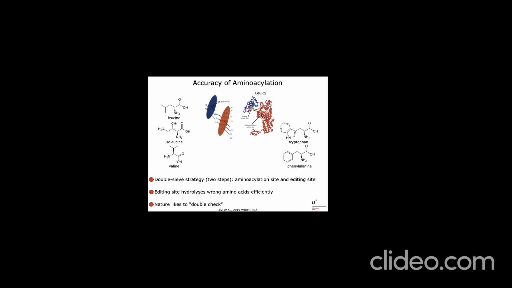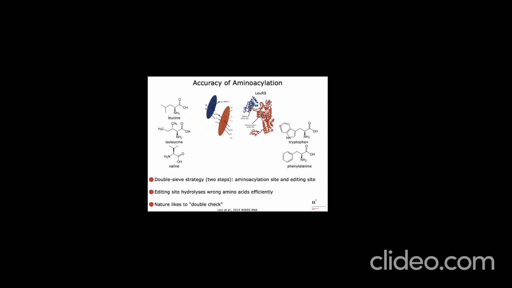In this case, the editing site will not recognize leucine, which is actually the correct amino acid, and will not react with it. However, isoleucine and valine, it will react with and then hydrolyze. So the tRNA is again uncharged.